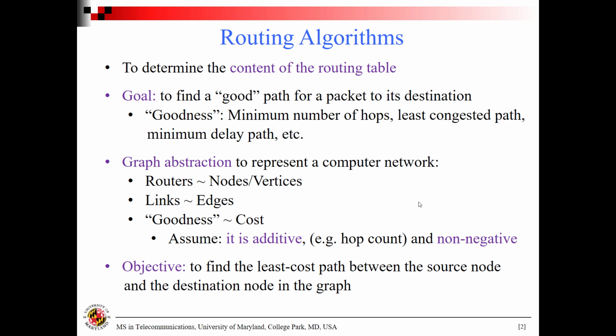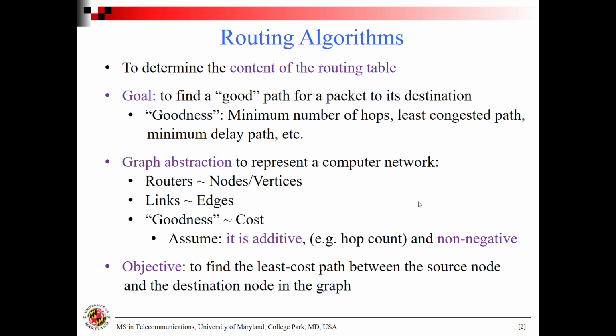So a typical goal of a routing algorithm would be to find an optimal path to a particular destination. And the optimality or the goodness of that path can be measured in various different ways. For example, we might want to minimize the number of hops, the number of routers that the packet crosses before reaching the destination.